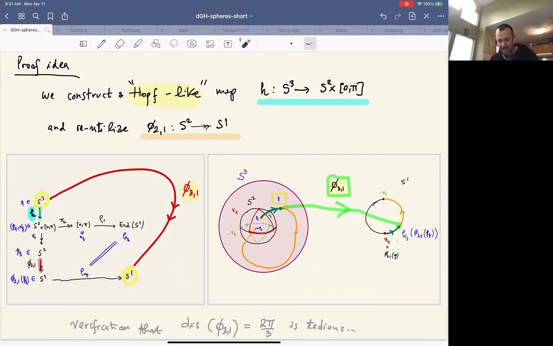That was essentially the only map we knew to construct between S1 and S3, and we tried to make it geometric in a sense. I should also say that the construction of what I'm going to call phi 3,1 will exploit the map phi 2,1 that we constructed before, namely the one that turned out to be optimal between S2 and S1.